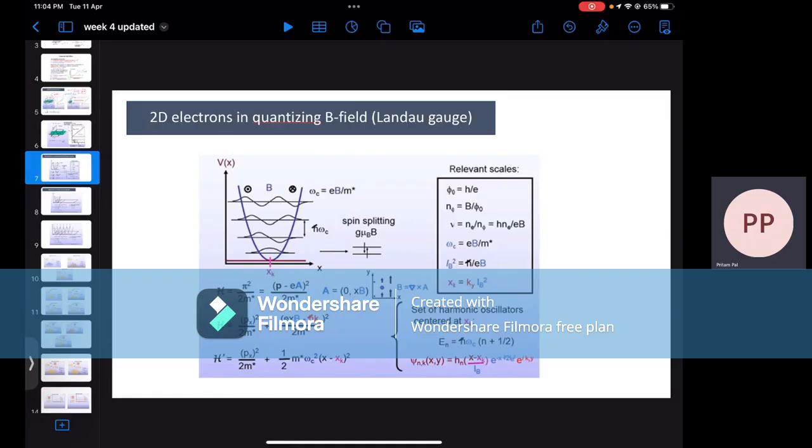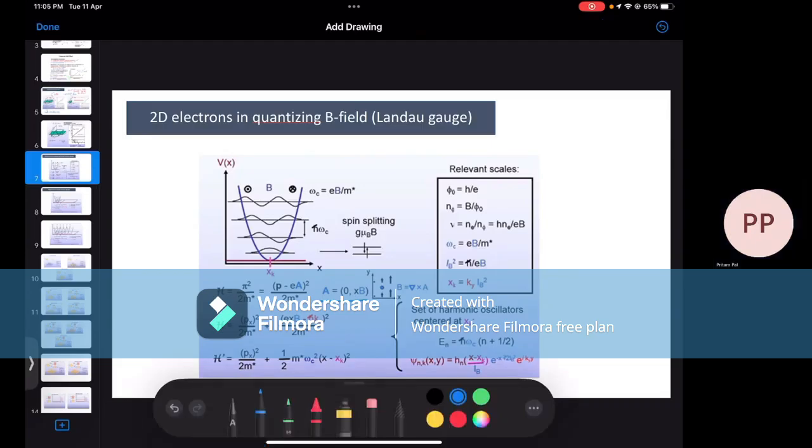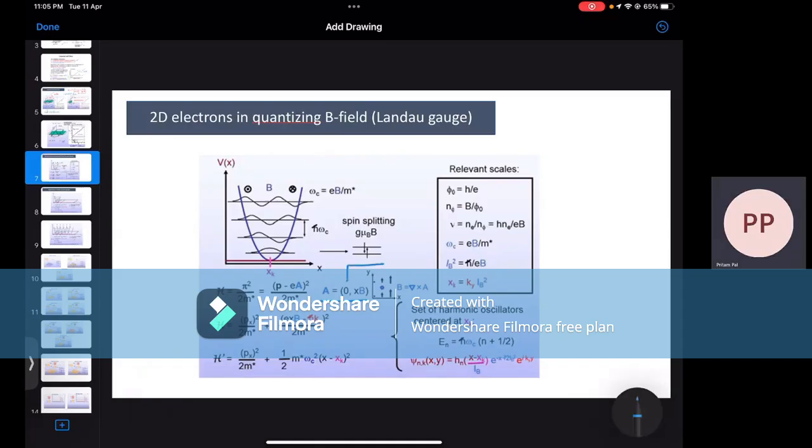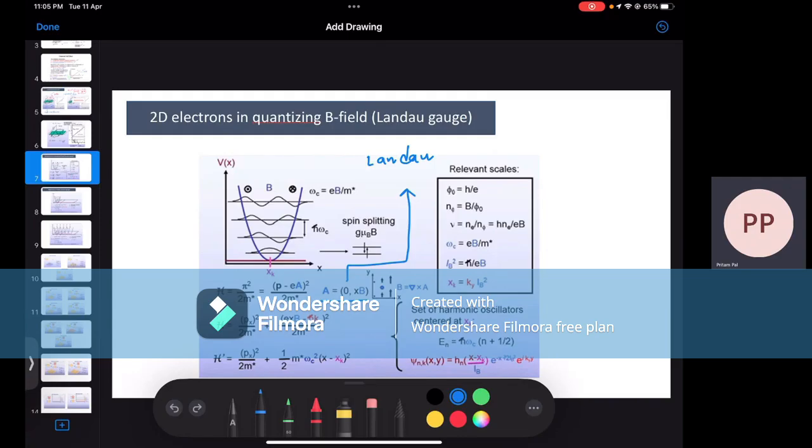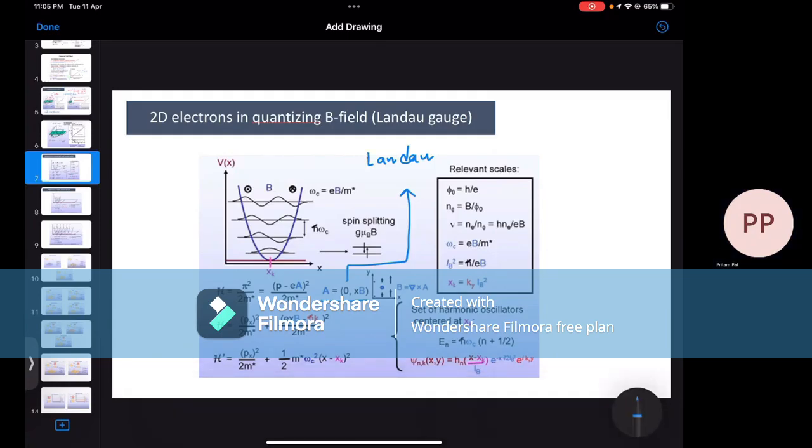Let's choose the so-called Landau gauge, where our vector potential is of this form.